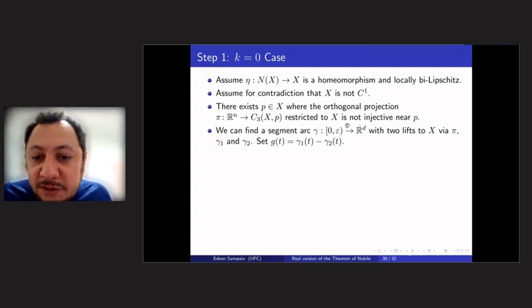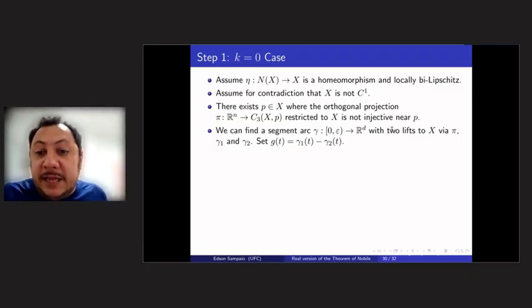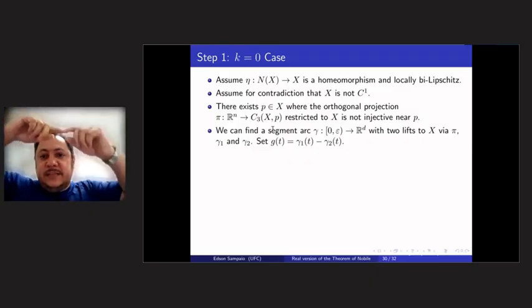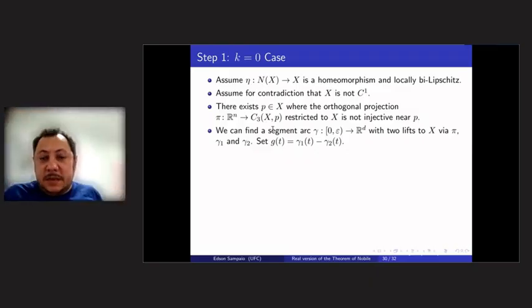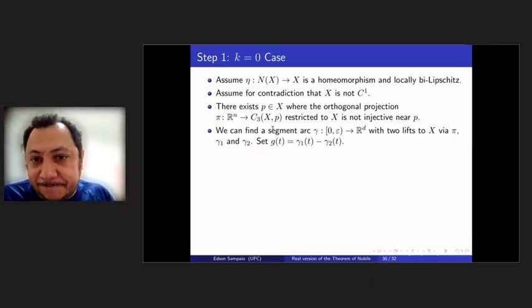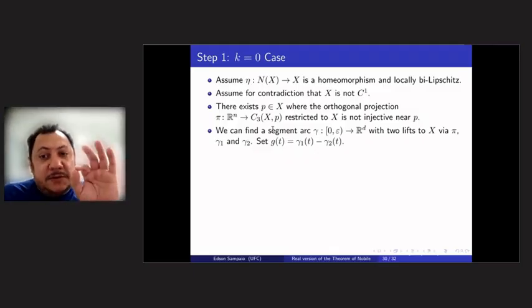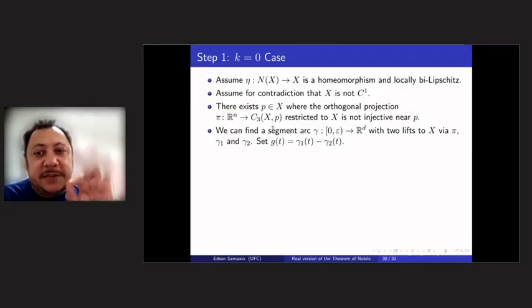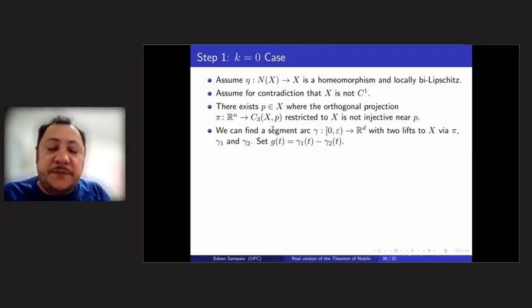So you can find some arc in the tangent cone such that it lifts to x via the projection by gamma 1 and gamma 2. We have at least 2 lifts because it's not injective. In fact, it's not for any gamma that we can find it, but we can find gamma in a very special way. It's part of the proof to find gamma in a very special way.